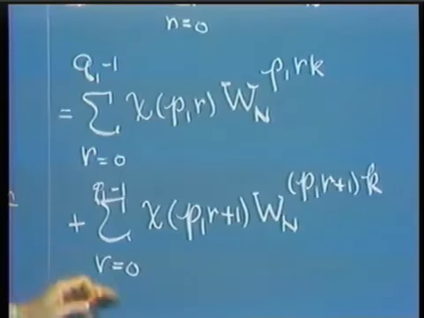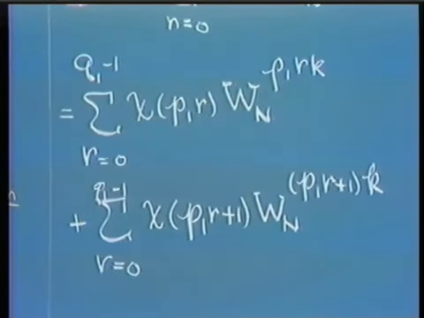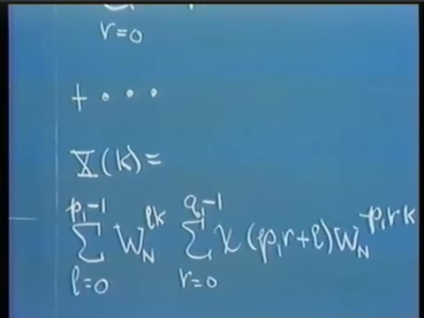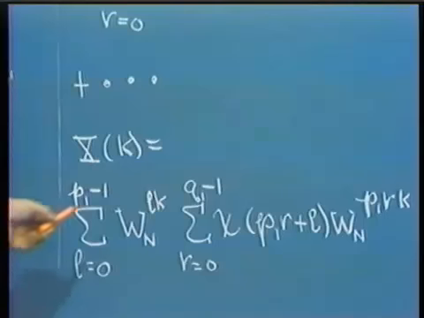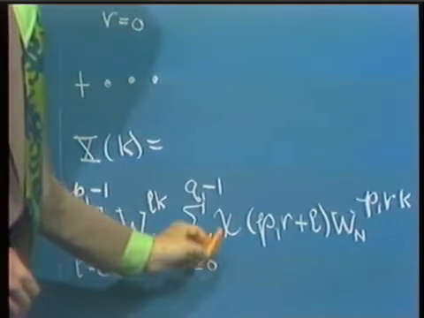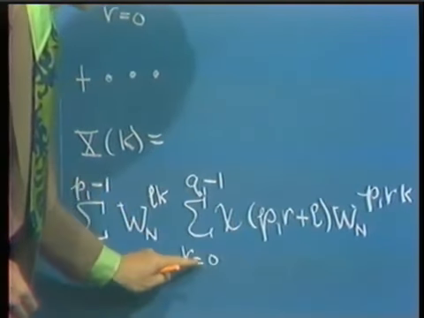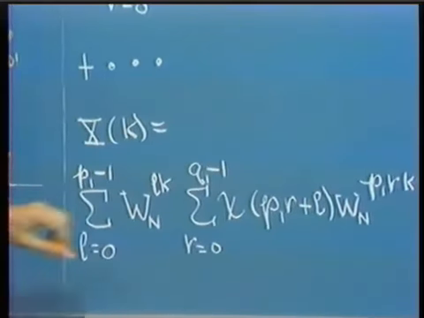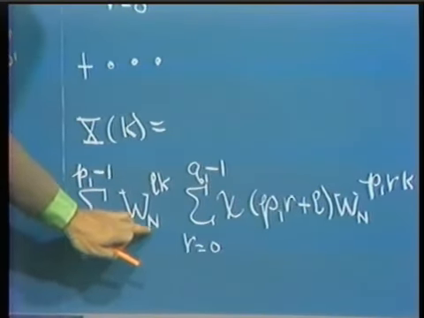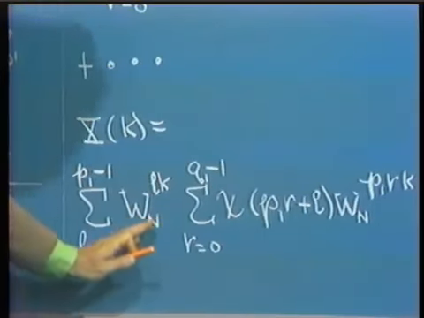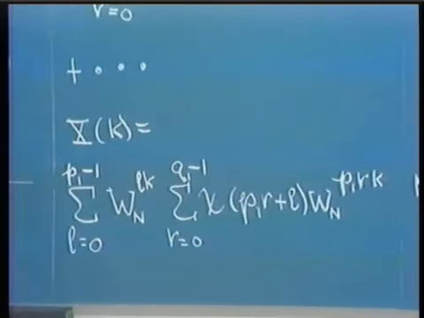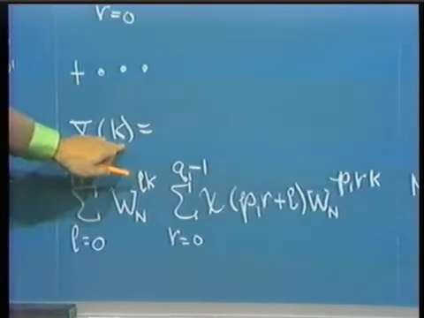When we combine these together, we can express X of k, the DFT, as a double sum where we have the terms involving the separate subsequences and then the multiplication by a power of W to combine the computation on these subsequences together to obtain the DFT.